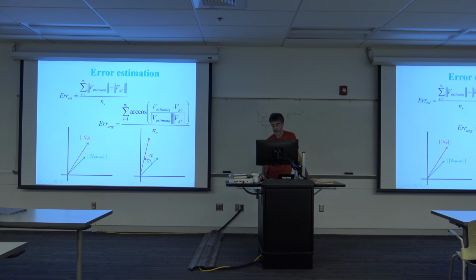But it's also important to measure how well you detect the orientation or the direction of movement. And that is given by that angle alpha. Now, if they were identical, then the angle alpha would be equal to 0, because that would be exactly the same as this. And the larger that angle is, the larger the difference is going to be.